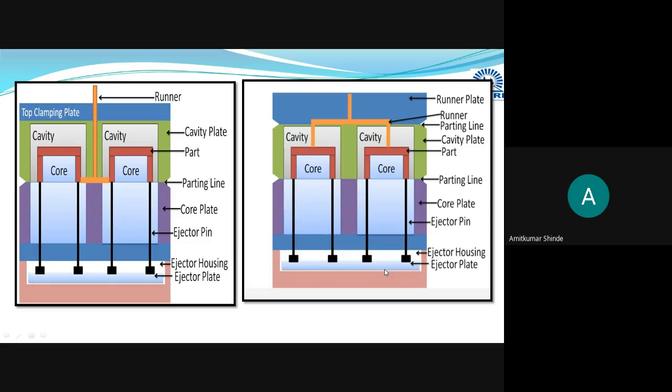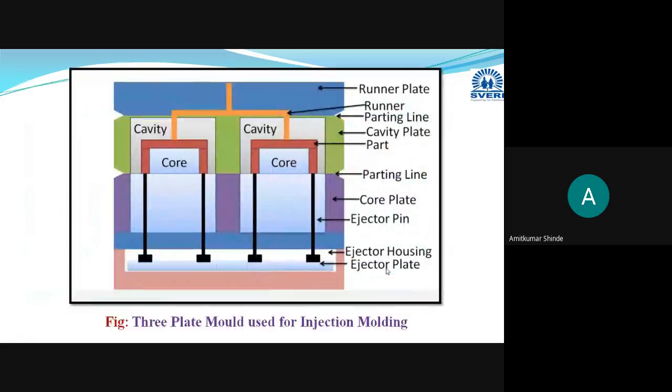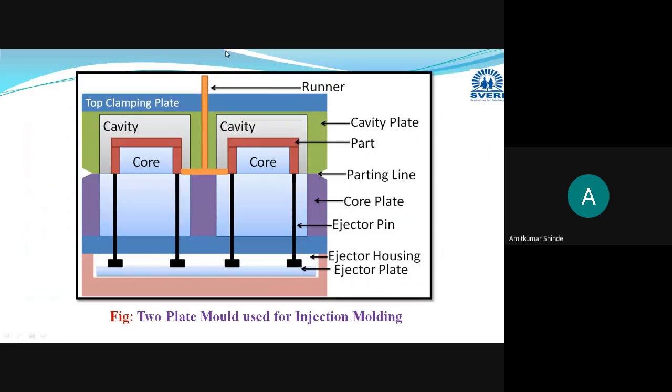And then as far as our design or practical use is concerned, always we are using this two plate mold, okay, always two plate mold is used. This is the two plate mold, separate diagram for two plate mold and three plate mold. In two plate mold, one parting line is there, and the runner and gate arrangement is always aligned up to this single parting line only.